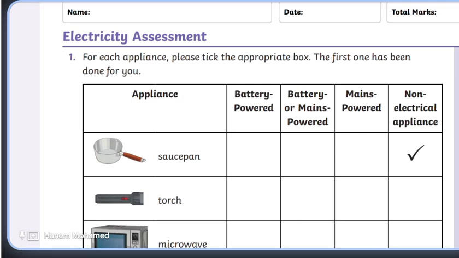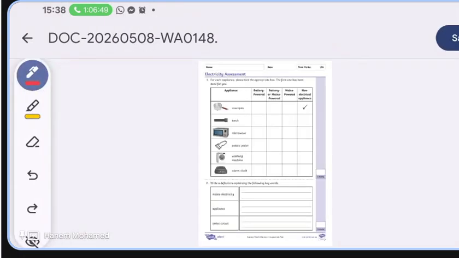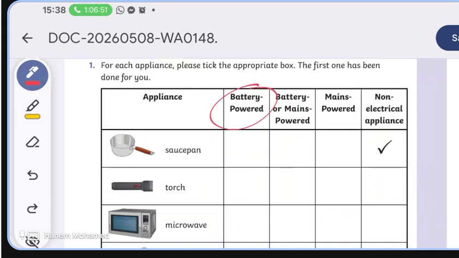So this exam is talking about electricity. The first one is about some appliances that can use battery power to work. Maybe like our phone can use battery or mains power. Some of them can use mains power only, like a washing machine.